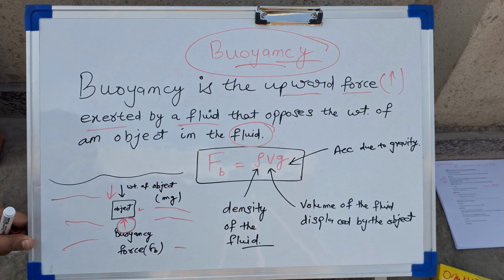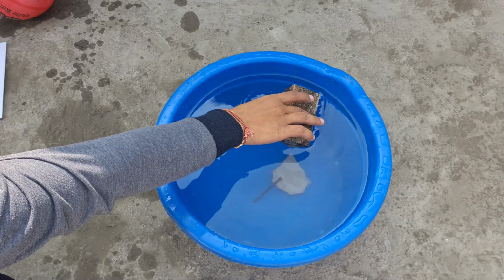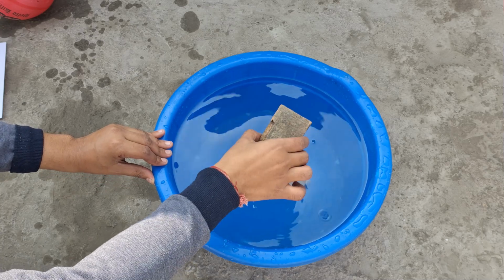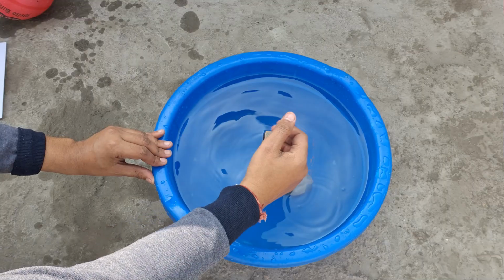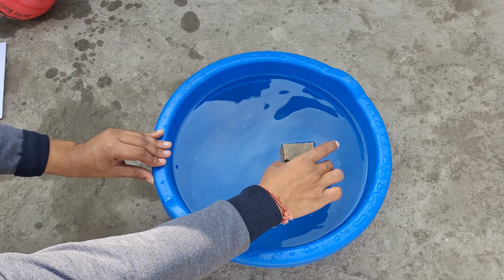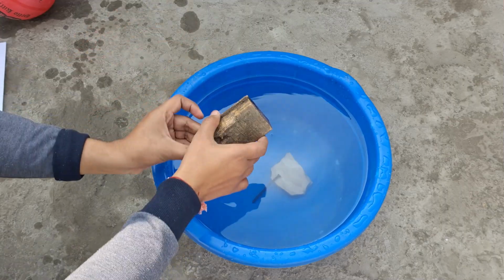Let's see it by experiment. As we have discussed, an upward force called buoyancy acts on any object submerged in a fluid, right? In this case, the buoyancy force applied by the fluid on this object is higher than the weight of the object, so that's why it is floating.